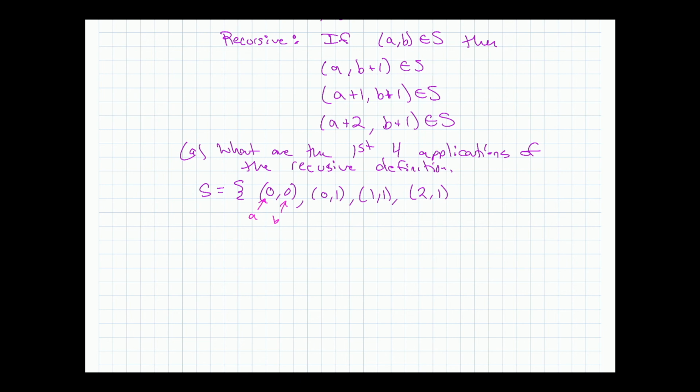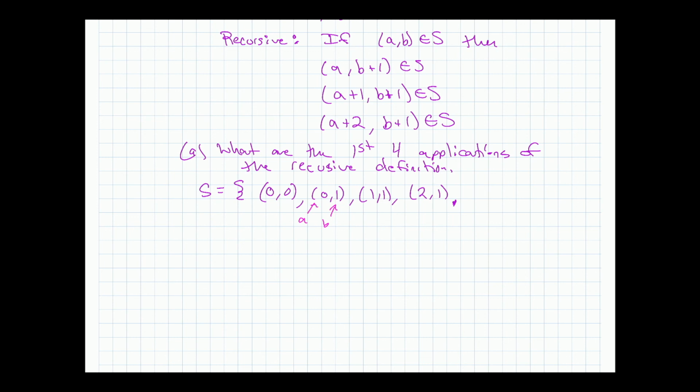Okay, but then each of these three things is also going to generate new stuff in the set. So I'm going to put a comma, and then we're essentially just going to move these over here and do them again.